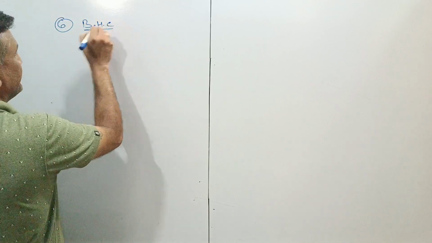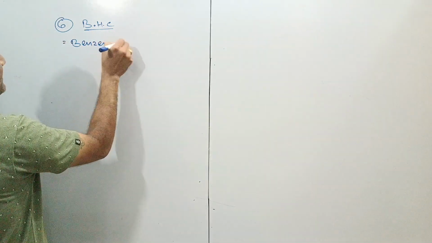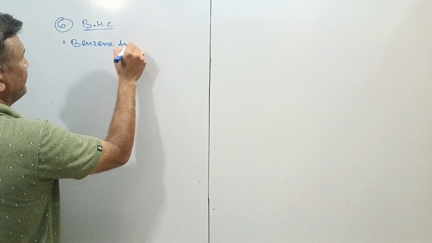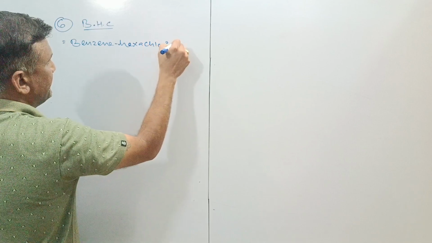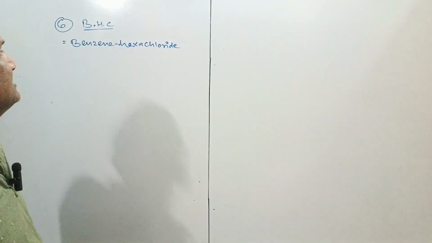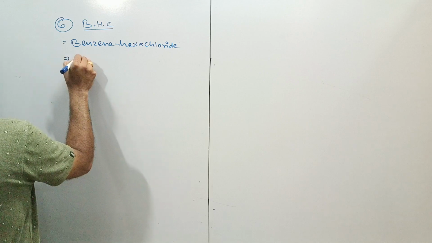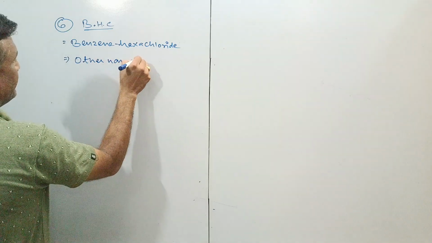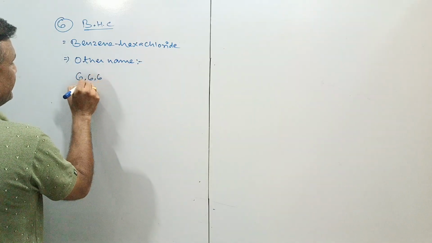BHC. Its full form is benzene hexachloride. B means benzene, H means hexa, C means chloride. Other names: we can call it 666. Why? I'll explain.